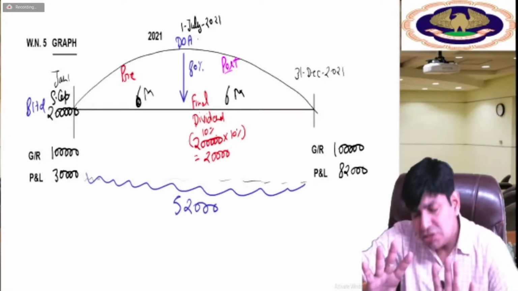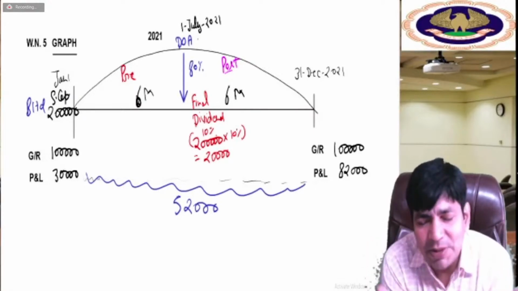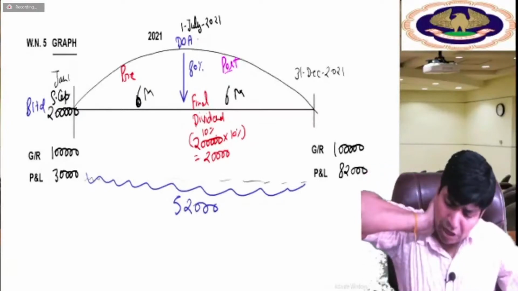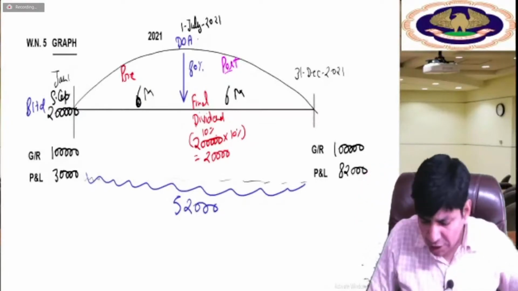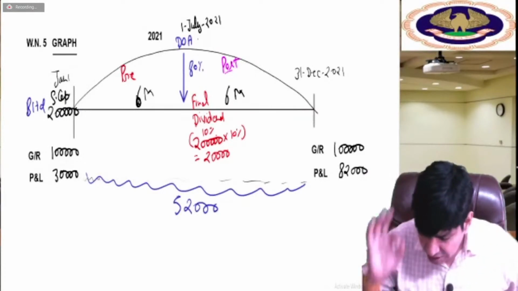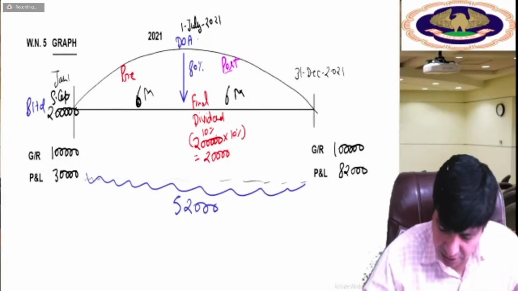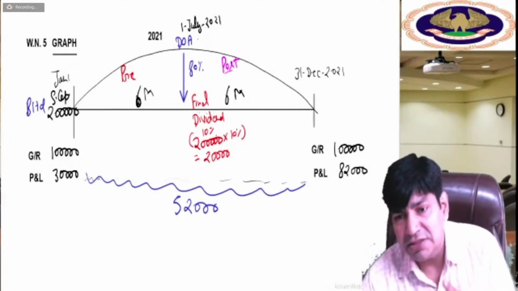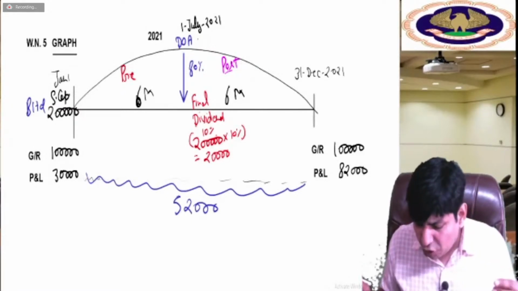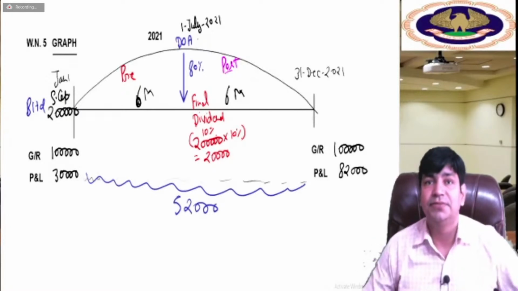Although it is to be distributed from 30,000, from where has the deduction been made in 52,000? Is the 52,000 after dividend, or is 30,000 after dividend? Tell me first. You know, the date of deciding the dividend is July 1st. Tell me everyone, I am waiting for your answer. Tell me right now, from where has this been deducted? From where it has been deducted, 20,000 has to be added back.